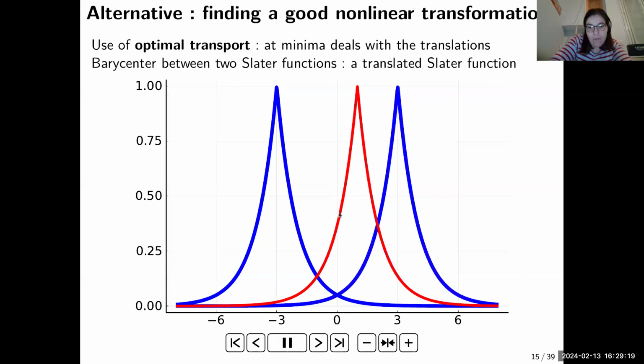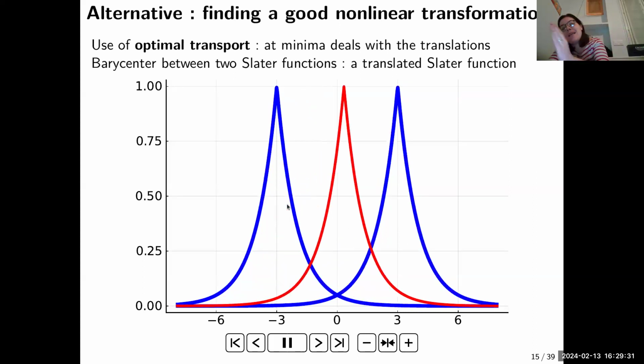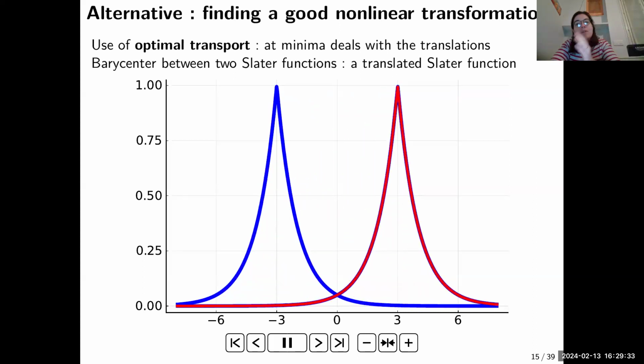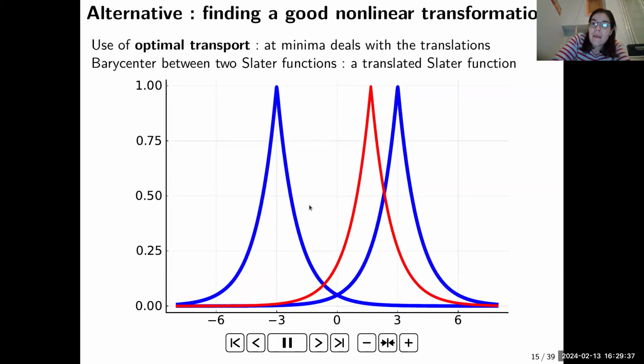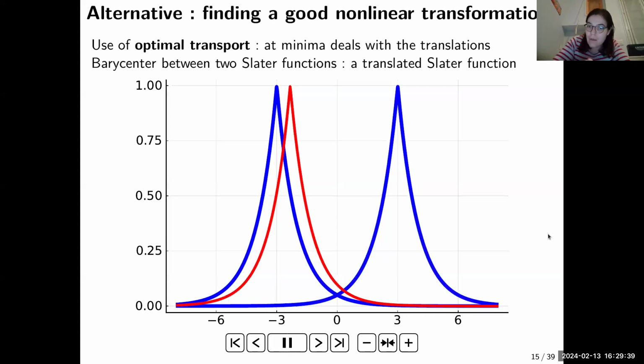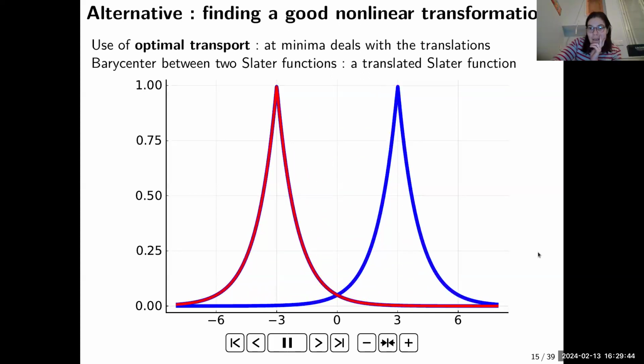If you look at two such functions, optimal transport theory provides a way to interpolate between two such translated snapshots by just slowly translating one snapshot onto the other, as is illustrated by this red function here. And this is a nice property that we want to exploit in what I'm going to say.